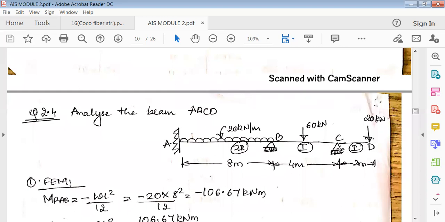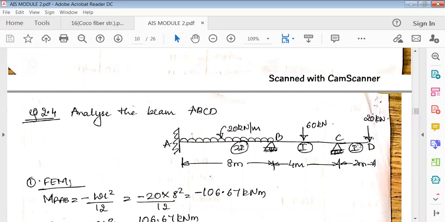Whereas in the CD span, D is a free end. C has a simple support and D is a free end, so at D there will not exist any stiffness because CD itself is an overhang. So K of CD, the stiffness, is 0.